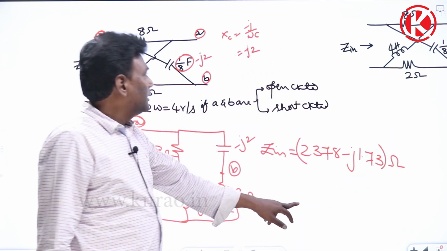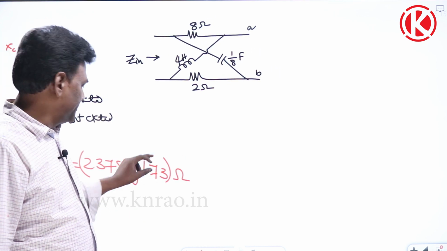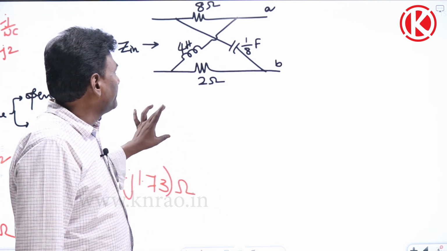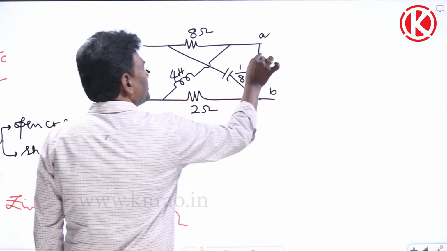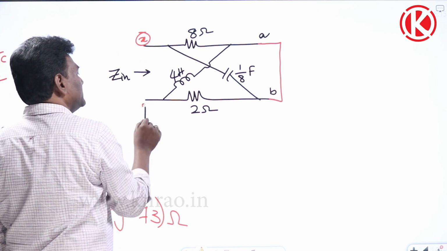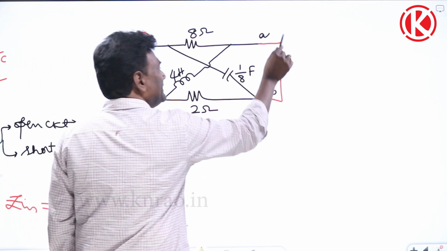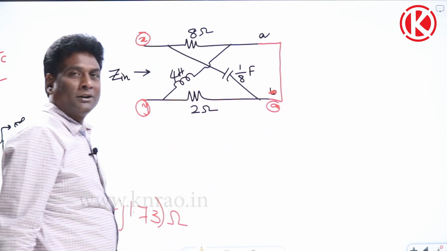Now let us see when it is short circuited, how much is the impedance. Okay, now we have to short circuit, right? So if you short circuit these two, let me think of this as x, this as y, and if this is a, this also will be a only because long short circuit paths.